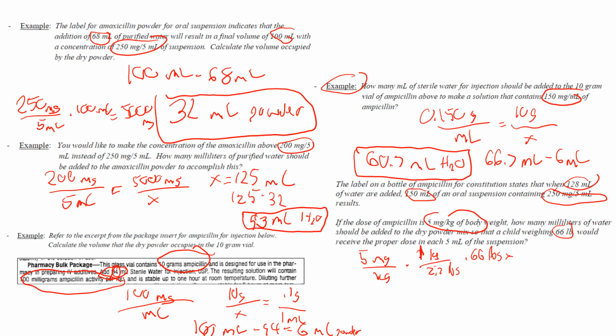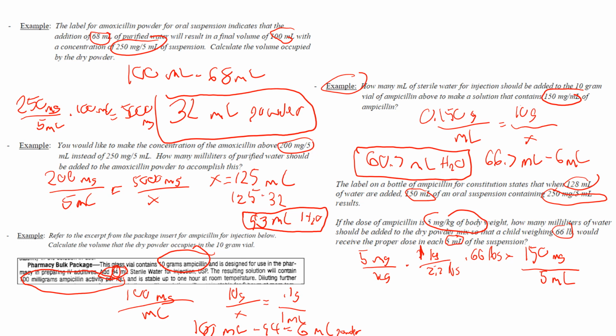And that equals 5 divided by 2.2 times 66. We get 150 milligrams. Okay. And that's per dose. Since it wants a 5 milliliter dose, we want 150 milligrams for a 5 milliliter dose.